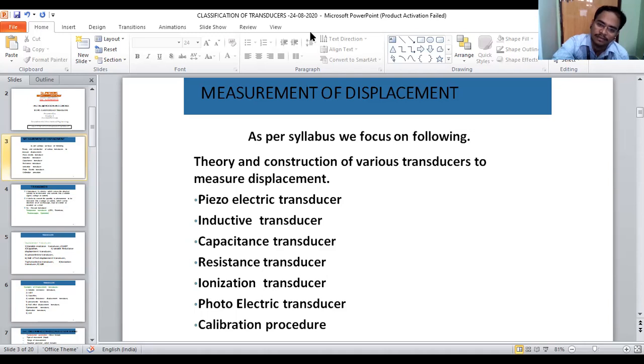The two electrodes capture those charges, which is recorded as output voltage E naught. Depending on the magnitude of this voltage, the force is calibrated.